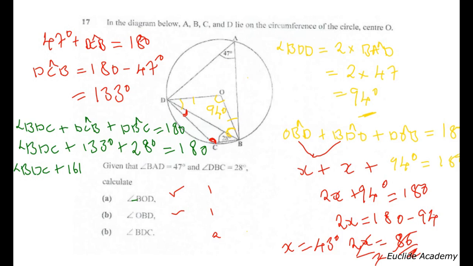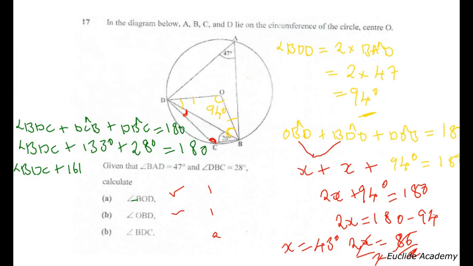So I'm going to put this on the other side, on top right here. I'll get rid of this. So we'll say BDC plus 161 is equal to 180 degrees.